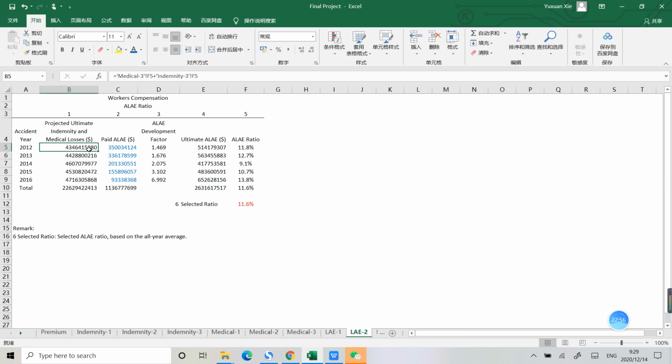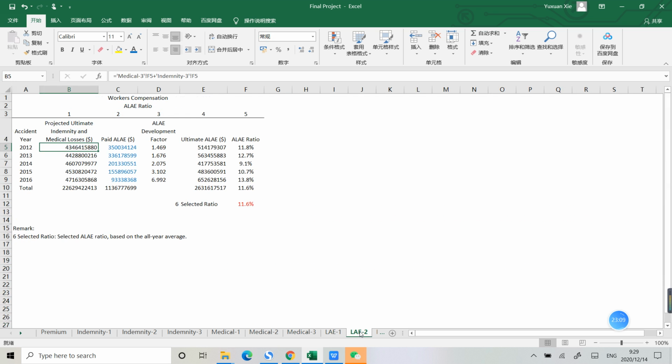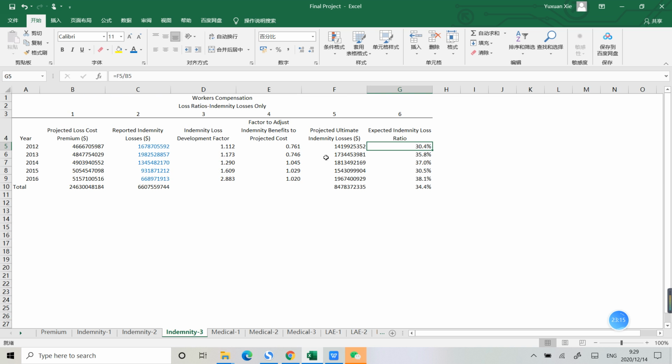It is equal to the projected ultimate medical losses from the medical 3 sheet plus the projected ultimate indemnity losses from the indemnity 3 sheet.